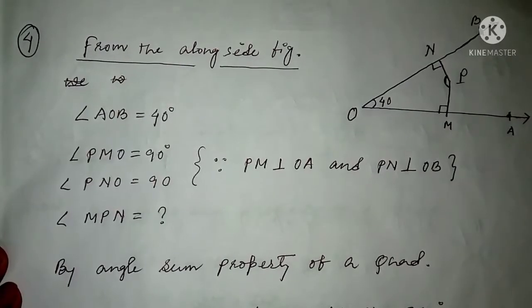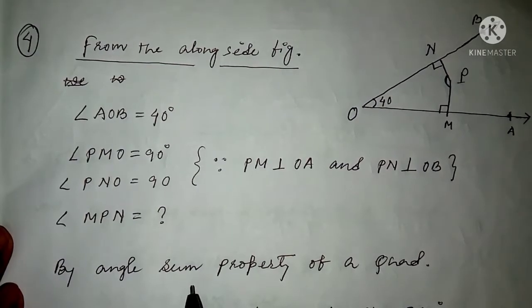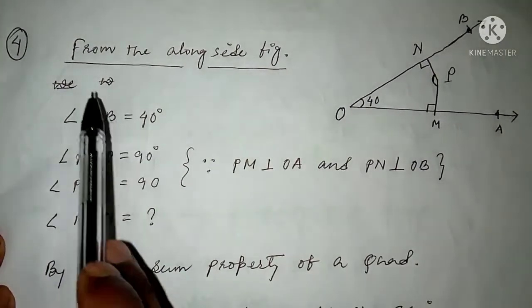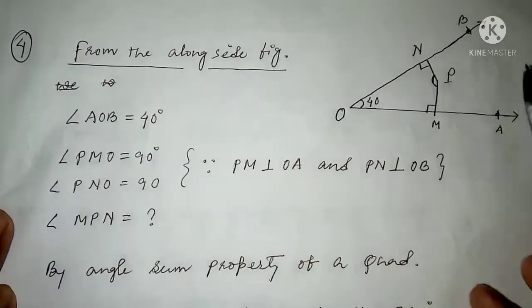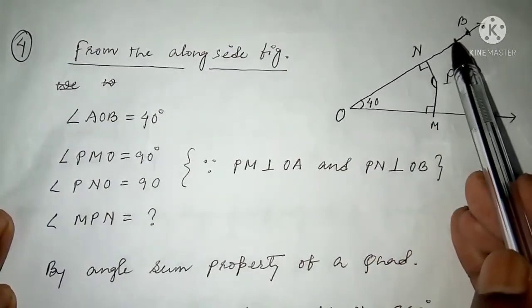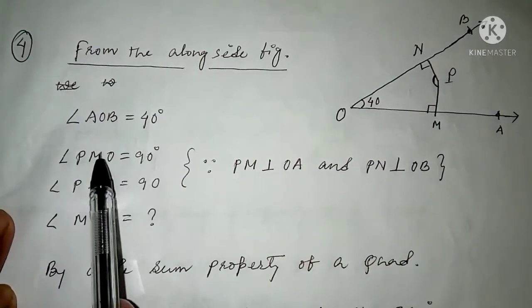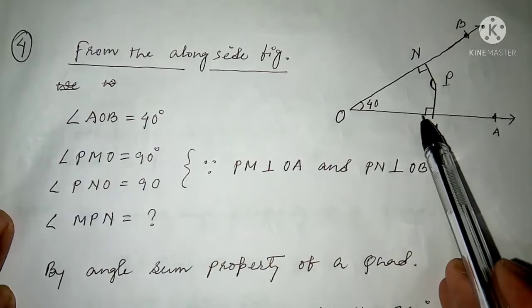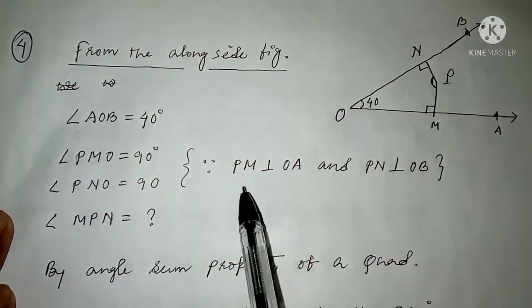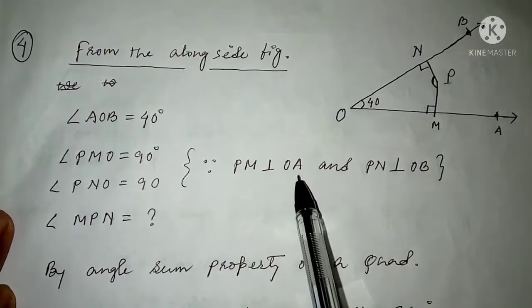So students, this is our solution to question number 4. From the alongside figure, angle AOB equals 40 degrees. Angle PMO, this angle, is 90 degrees, the reason being PM is perpendicular on OA.